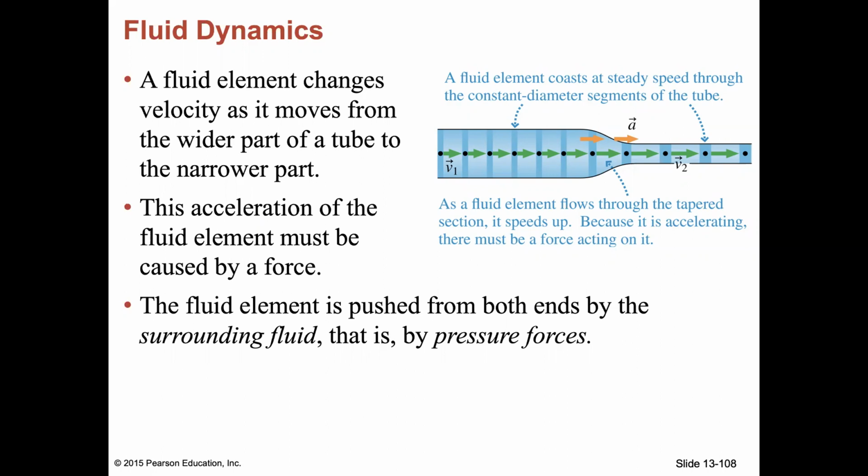Then there must be some force or net force on the fluid element, especially at this region, so that it can change the velocity from low to high. So that's the origin of the acceleration or the velocity change.